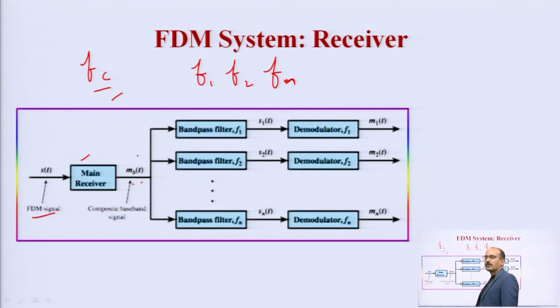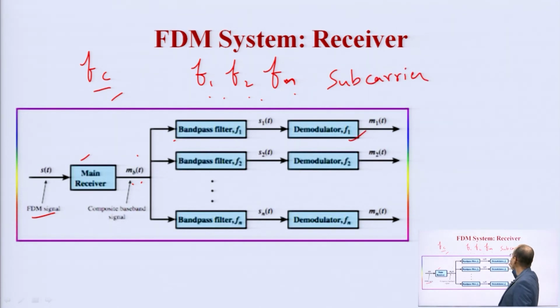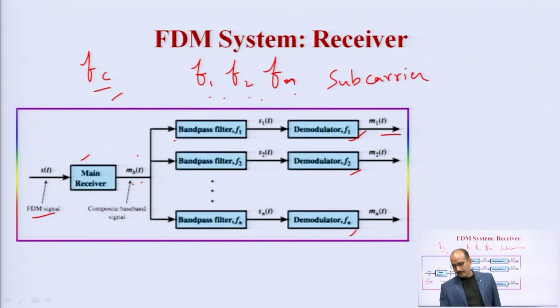That MB(t) is applied to various band pass filters so that F1(t), F2(t), Fn(t) signals can be separated. After separating these signals, we perform the subcarrier demodulation using demodulators F1, F2, Fn, and we recover the baseband signal at the receiver side. So, this is about the FDM system.